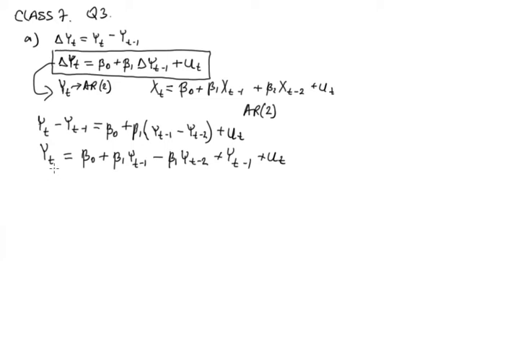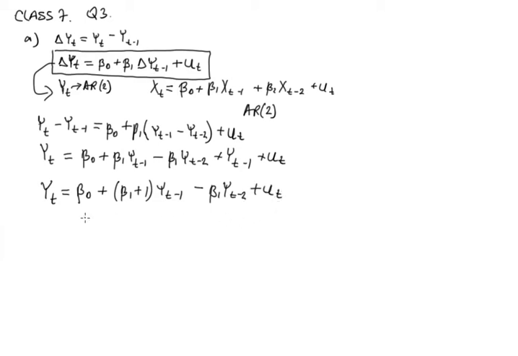Okay, so now we have yt, and up to two lags of yt itself. Now let's put together the identical terms. I have beta 1 yt minus 1 and then just yt minus 1 here. These are common terms, so I'll put yt minus 1 outside the bracket. If I open the bracket, I get these two terms and minus beta 1 yt minus 2 plus ut.